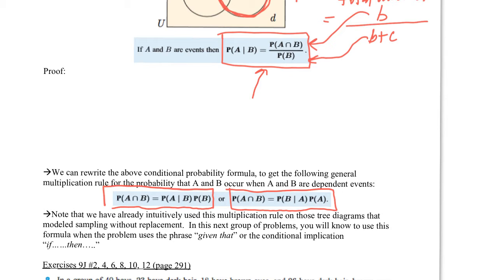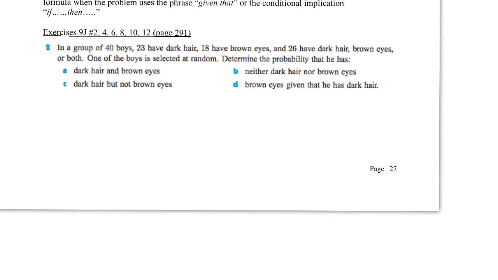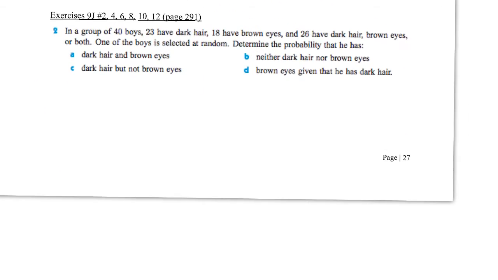So how am I going to know to recognize a conditional probability question? Look out for the phrase "given that" or the words "if then", because if then, remember, it was called a conditional implication. So if you see if then or given that, it's a hint that you're solving a conditional probability problem. Okay, so here are the model problems.